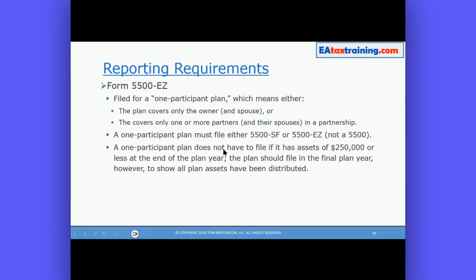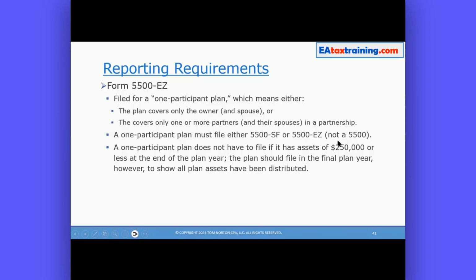Then there is the Form 5500 EZ. This is for one participant plans, which means either the plan covers only the owner and their spouse, or it covers only one or more partners and their spouses in a partnership. A one participant plan must file either a 5500 SF or a 5500 EZ.